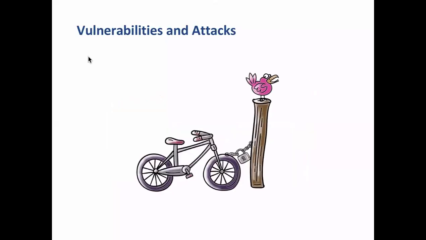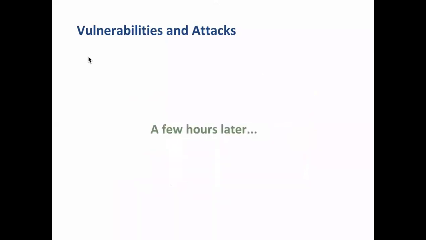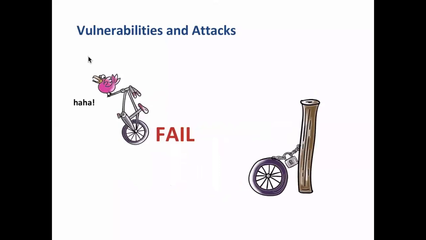So if you have chained your cycle like this and gone to a restaurant, and you think that nobody will take it away, that is wrong, right? A few hours later you'll find that somebody has stolen it. So a proper protection method is very important, and you'll have to again think like a thief, right?